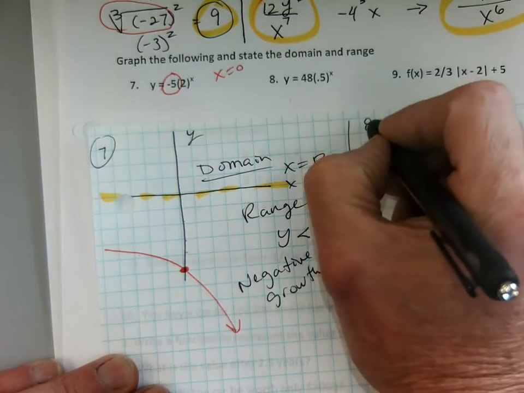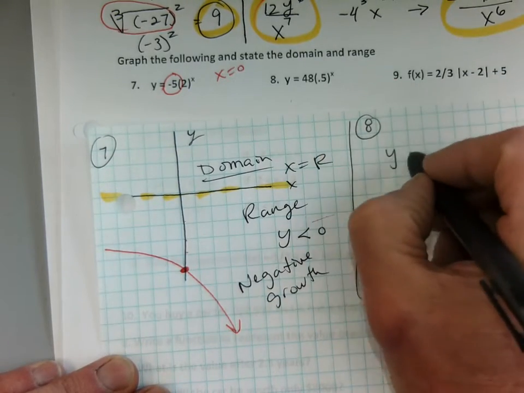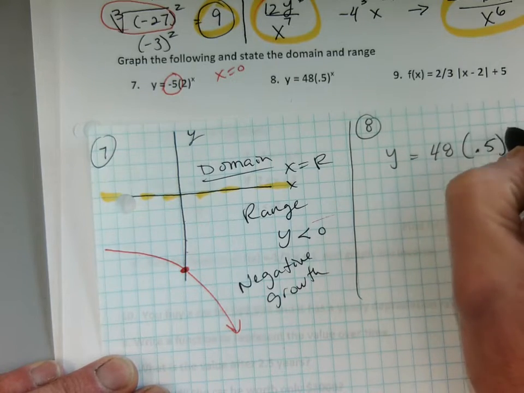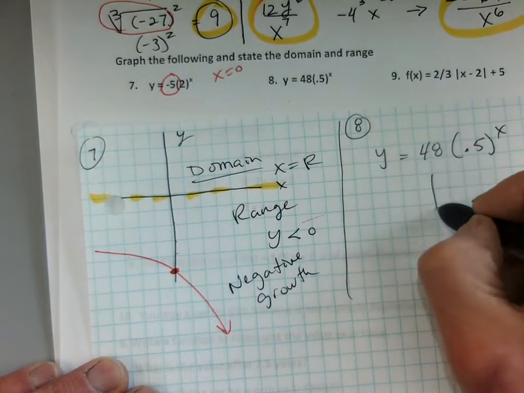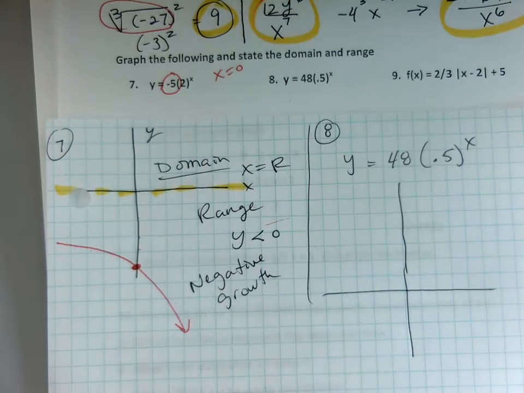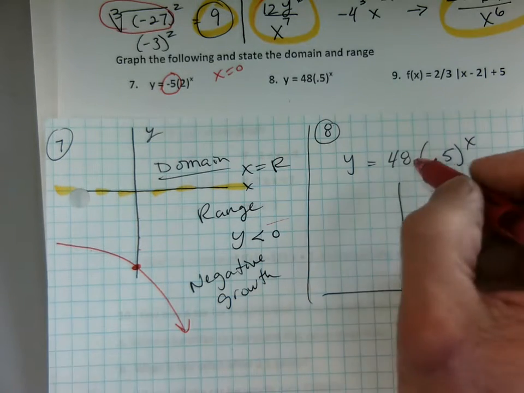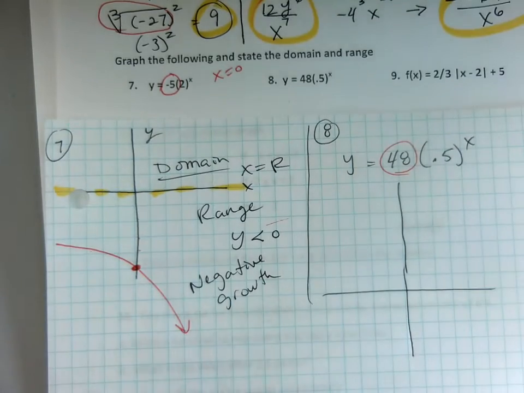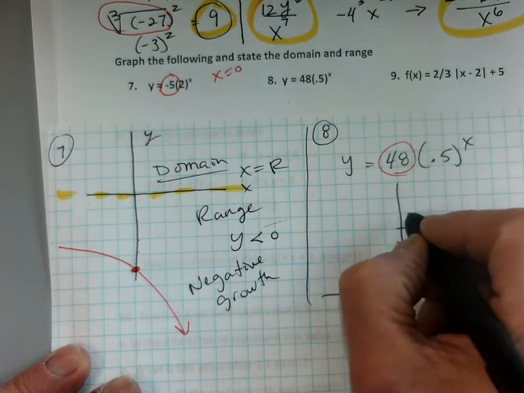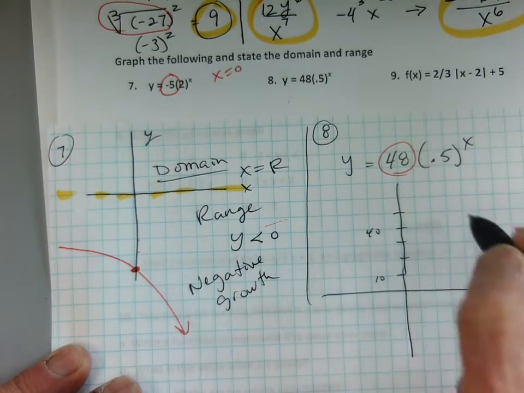Okay, number 8, y equals 48 times 0.5 to the x. All right, so where's my y-intercept? Where do I start? 48, right? So I'm going to go by 10, 20, 30, 40, 50, there's 40, 48.